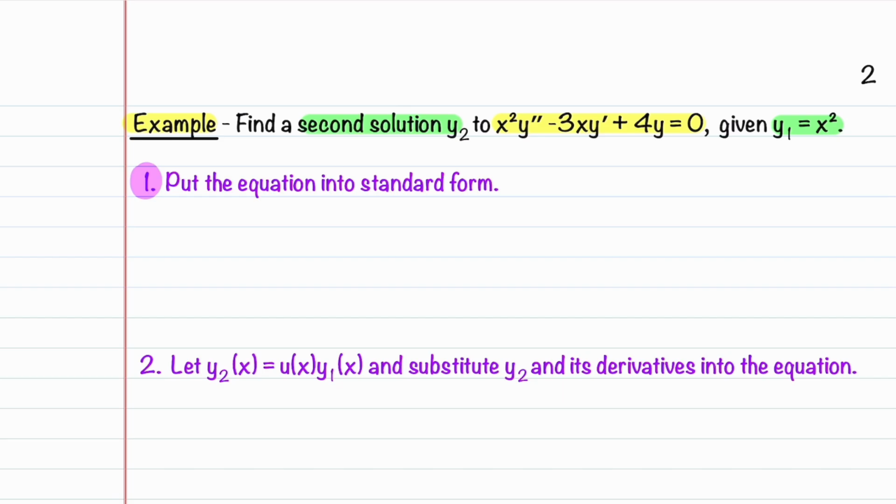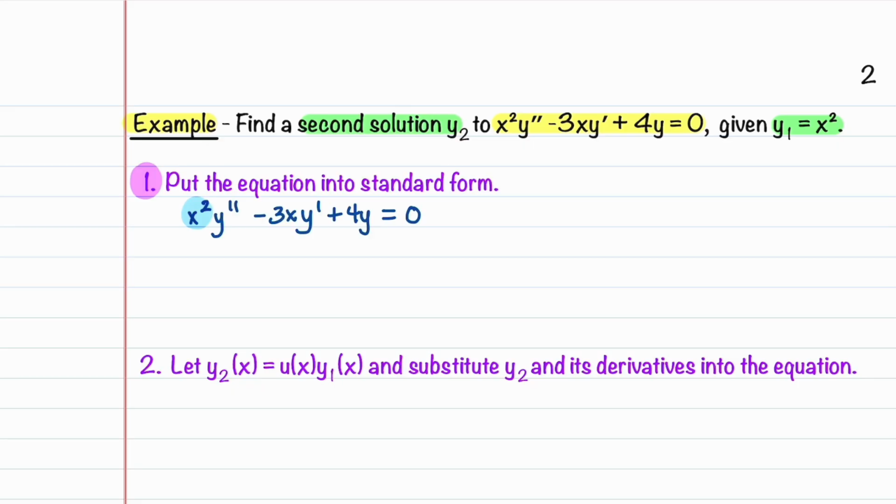Let's start by writing down that equation. It's x squared y double prime minus 3xy prime plus 4y is equal to 0. To put the equation in standard form, all we have to do is divide by the coefficient that multiplies y double prime.